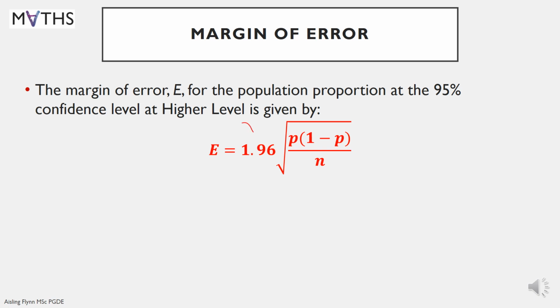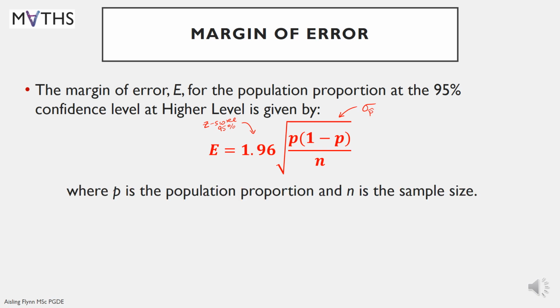The 1.96 we saw in the previous video refers to the z-score. That is 2 standard deviations above the mean, and that's what gives us the 95% confidence. And you'll recognize from the previous slide the square root and the expression underneath it as the standard deviation of all the p hats, which was on page 34, recall. That gives you your margin of error, where p is the population proportion and n is the sample size.